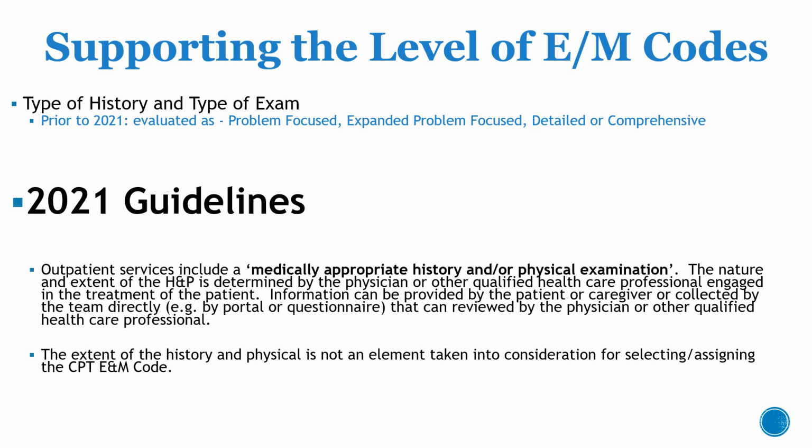Thankfully, in 2021 guidelines simply say that for outpatient services, the provider collects a medically appropriate history and physical examination, appropriate to the chief complaint that the patient presents with. This is a tremendous savings in time and is of tremendous value to the provider.